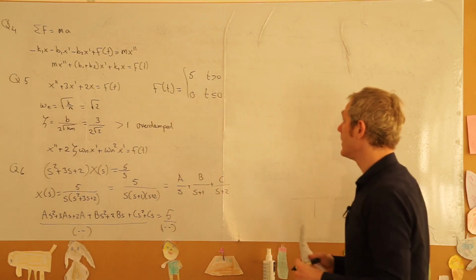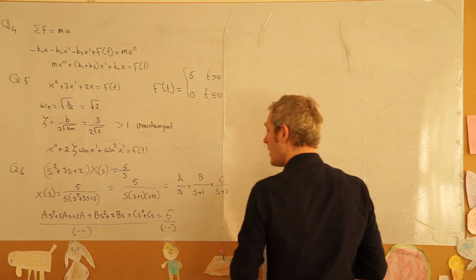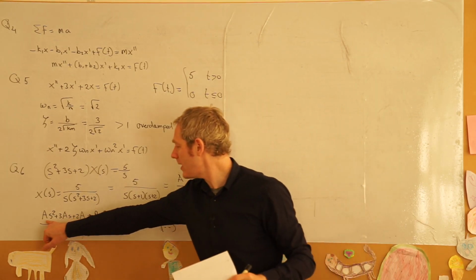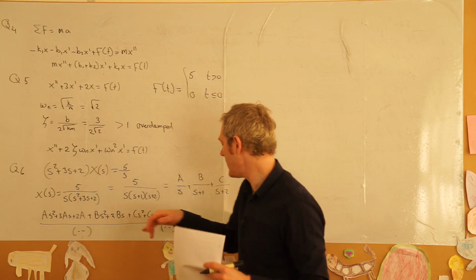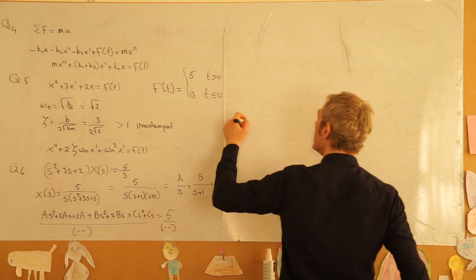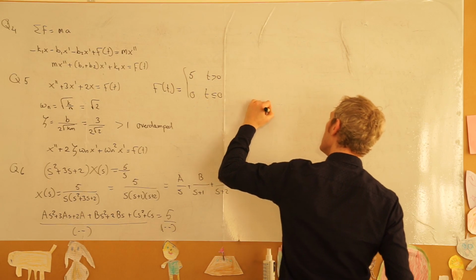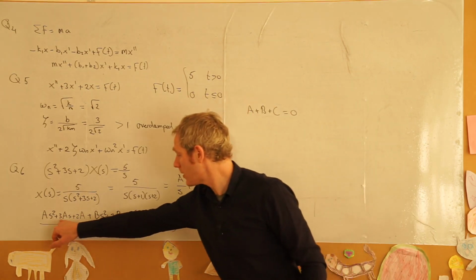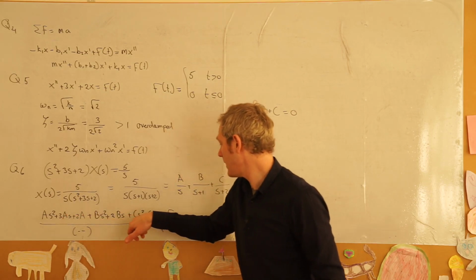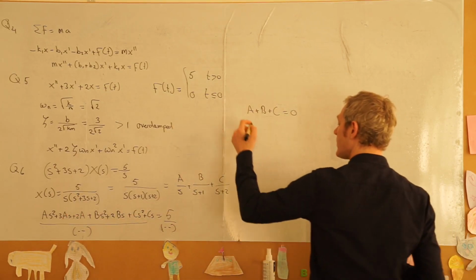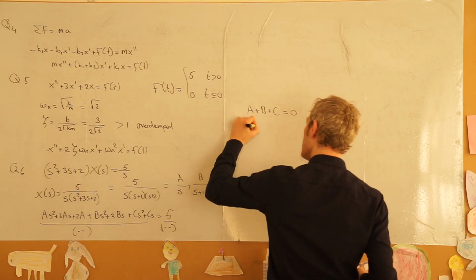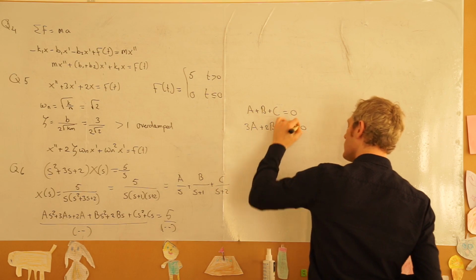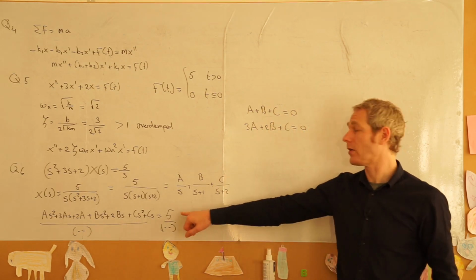Again, I get 3 equations. For s squared, I have As squared, Bs squared, and Cs squared, and on the right I have 0s squared. So A plus B plus C equals 0. I do the same for the coefficients of s: 3A plus 2B plus C is also equal to 0, because on the right hand side I don't have any s.